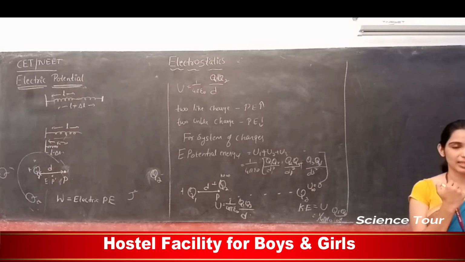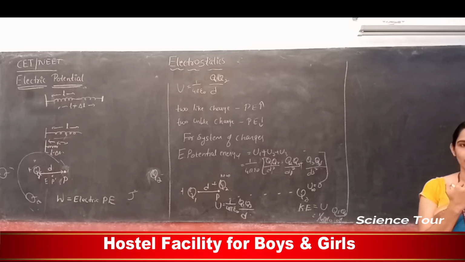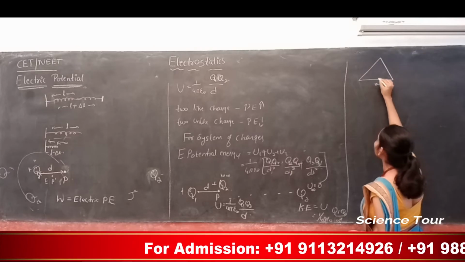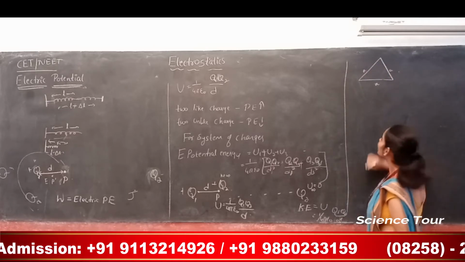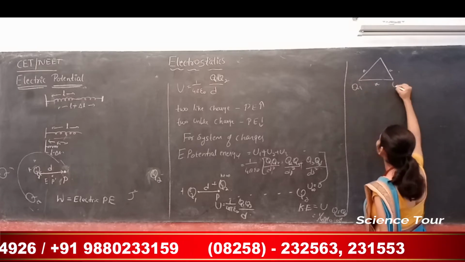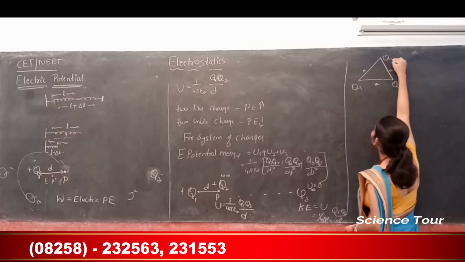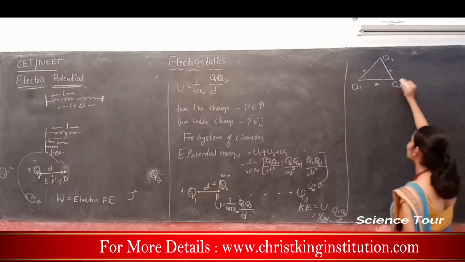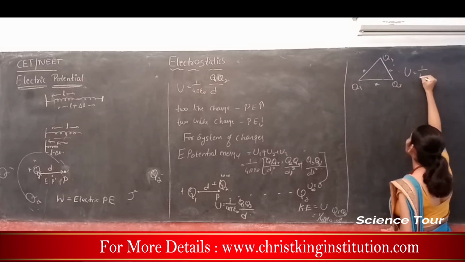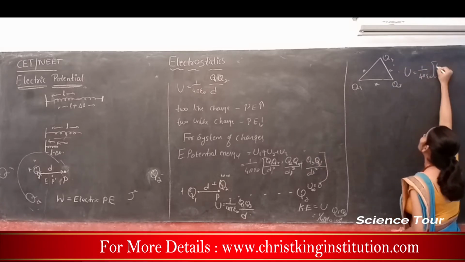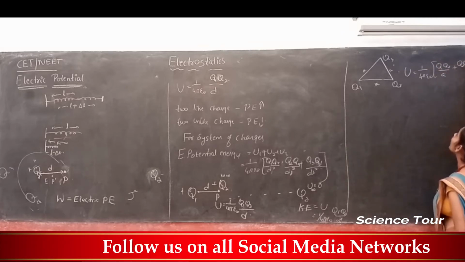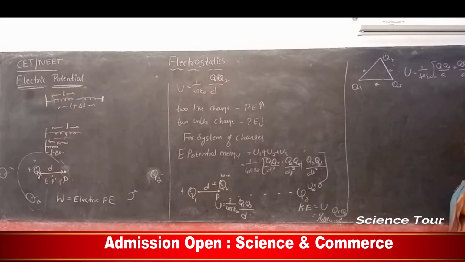Now let's consider an equilateral triangle of side A. Charge Q1 is here, Q2 is here, Q3 is here. Then the total potential energy of this whole system is 1 by 4 pi epsilon naught, Q1 Q2 by A plus Q2 Q3 by A plus Q3 Q1 by A. Correct?